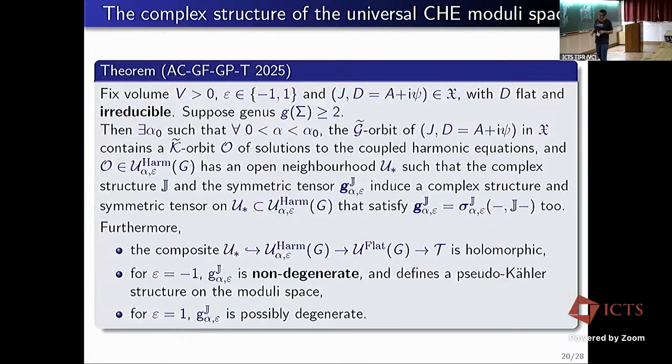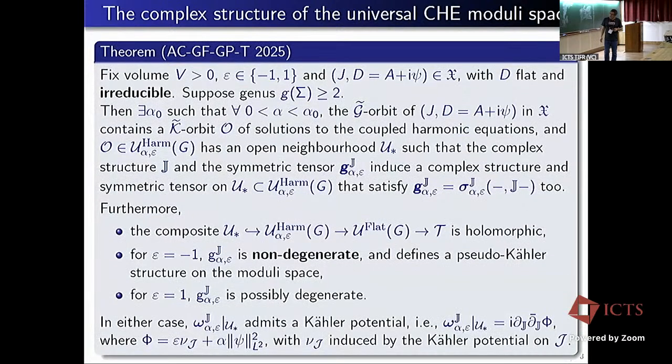For epsilon equals -1, this is non-degenerate and defines a pseudo-Kähler structure, and for epsilon equals 1, we don't really know. It could be degenerate. Maybe I'm saying too much in this slide. You can write a Kähler potential by construction, just combining it with the Kähler potential on the space of complex structures.